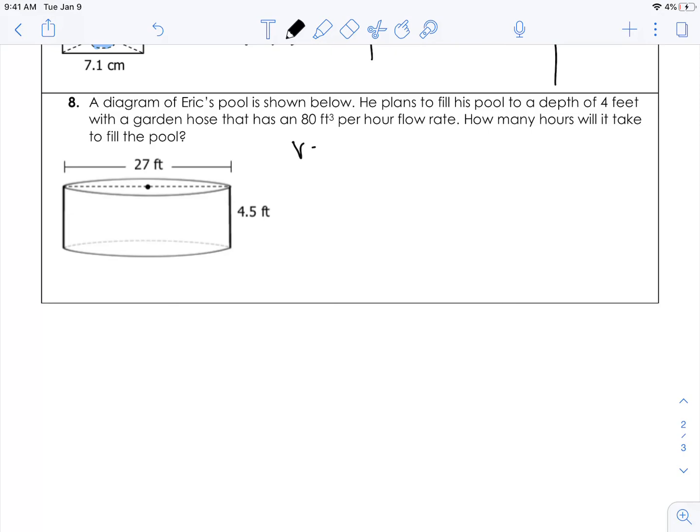So volume is equal to pi, and he only wants to fill it 4 feet, because you know in pools there's a little bit of extra. It doesn't go all the way to the top unless it rains. So pi times our radius, which is half of 27, or 13.5, squared, and we want a 4 foot depth.